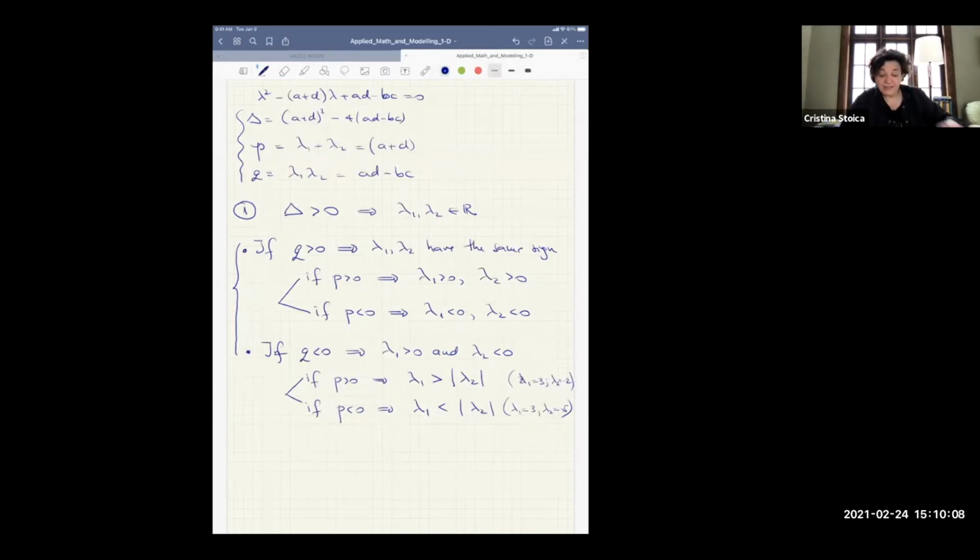And then having this kind of classification, we can attach to it the results that we know from our dynamical systems, right?